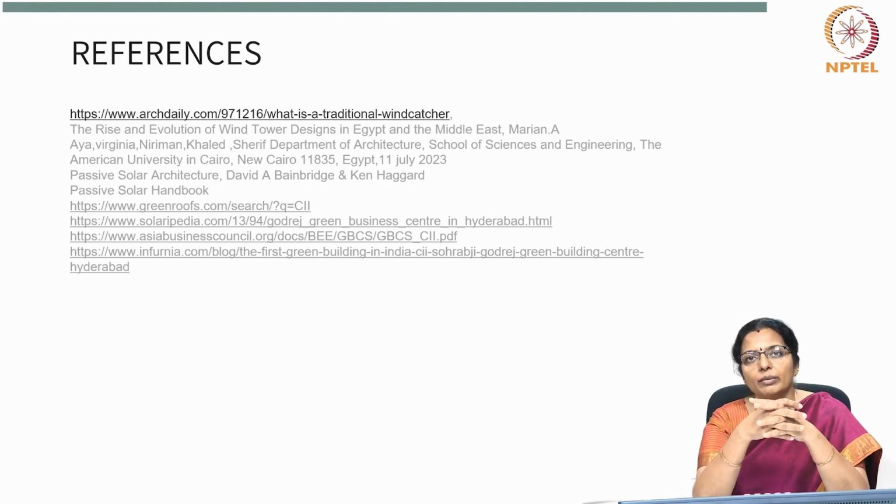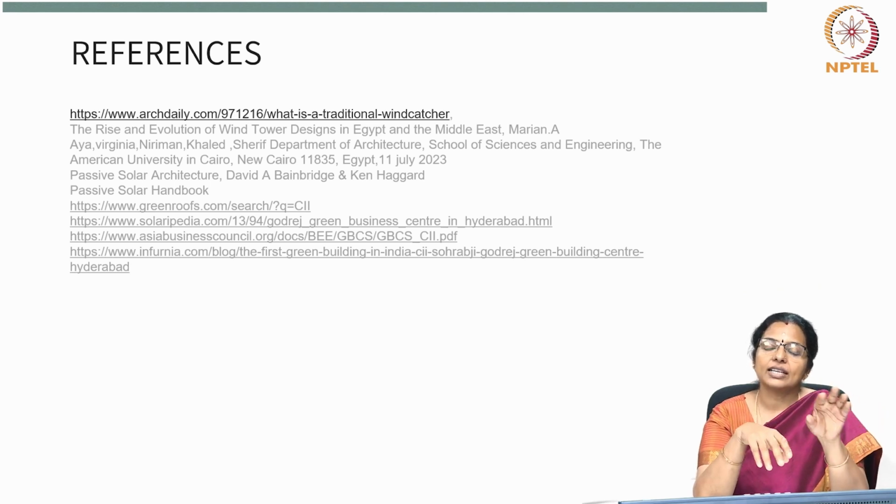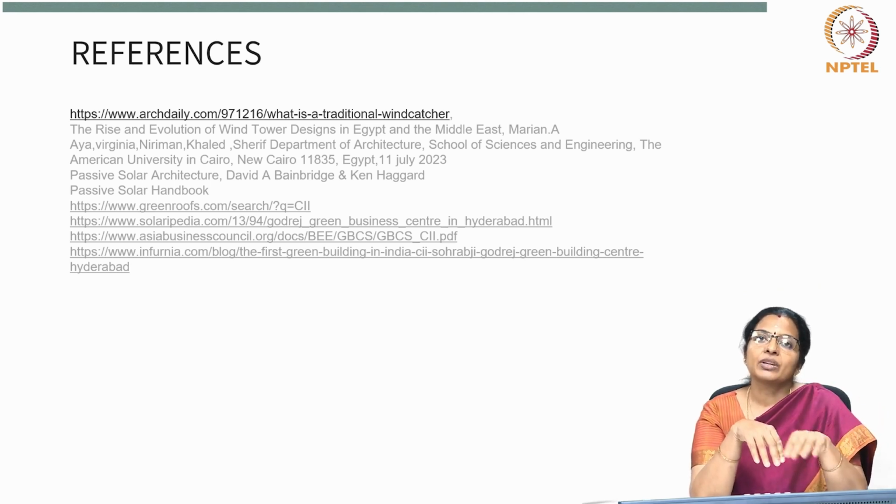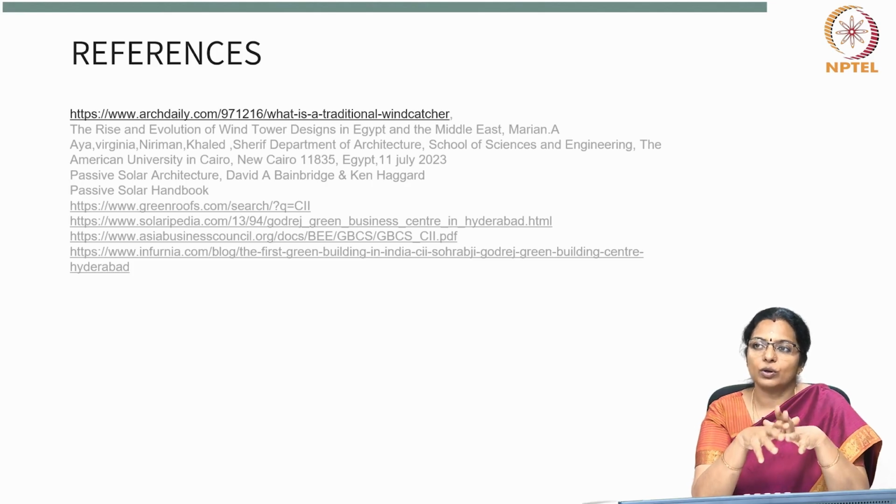So, in the forthcoming class, we will look at how climate is classified across the world and what climate classification we follow in India. We will be looking at the climate classifications acceptable to the world.